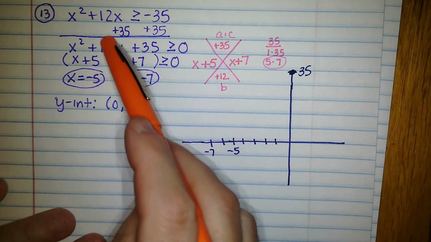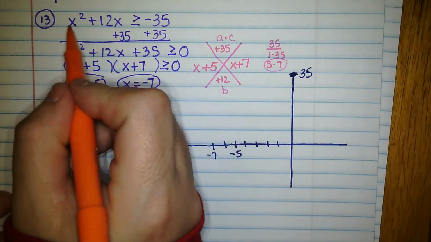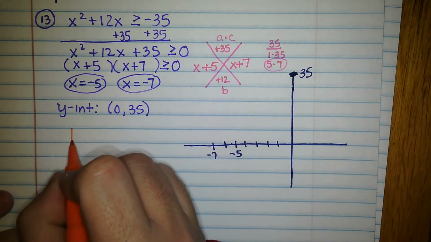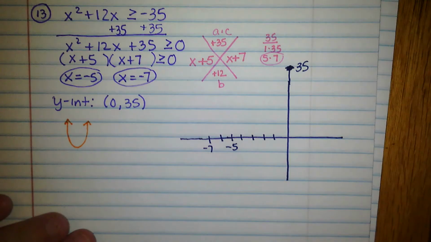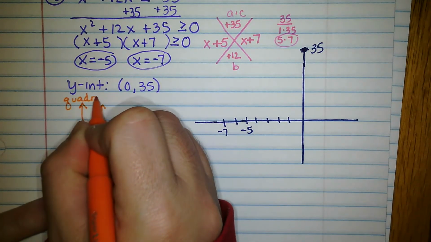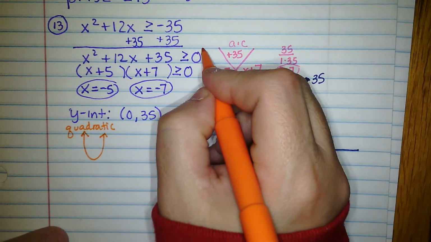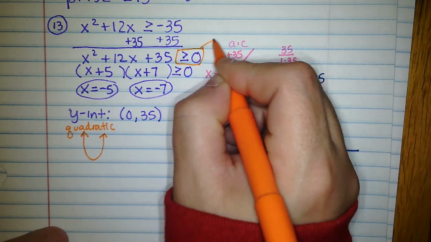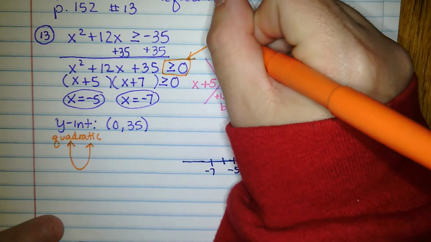The next thing I need to do is just look at shape. This is a quadratic because the degree is 2, which means that it's going to start up, end up, because my quadratic is positive. And the last thing we need to focus on is the fact that this right here is a greater than or equal to 0.